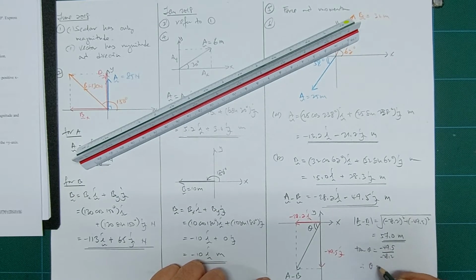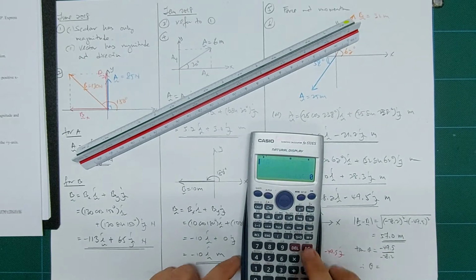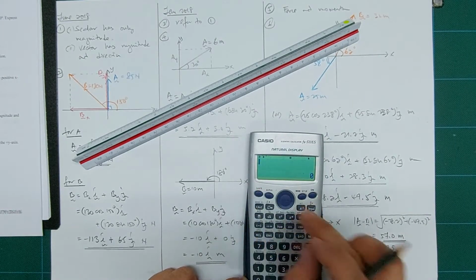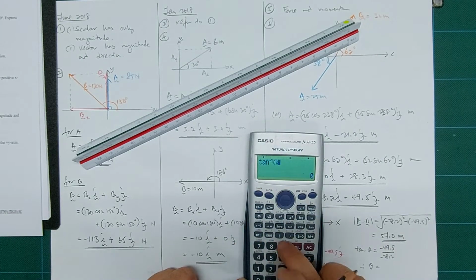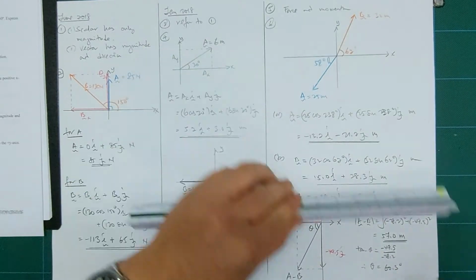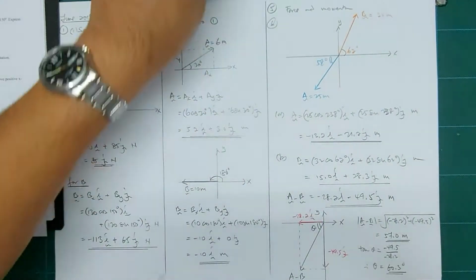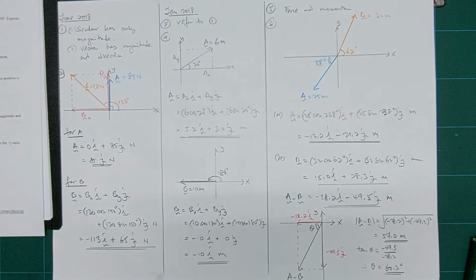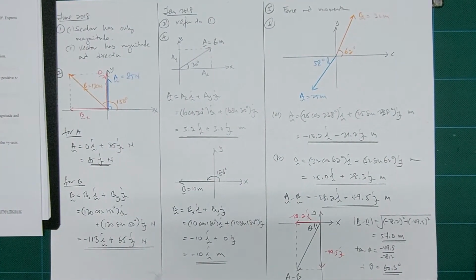So your angle will be inverse tangent of 49.5 divided by 28.2. The answer is 60.3 degrees. So that is our answer for question number 6. All right, this is our page 1.